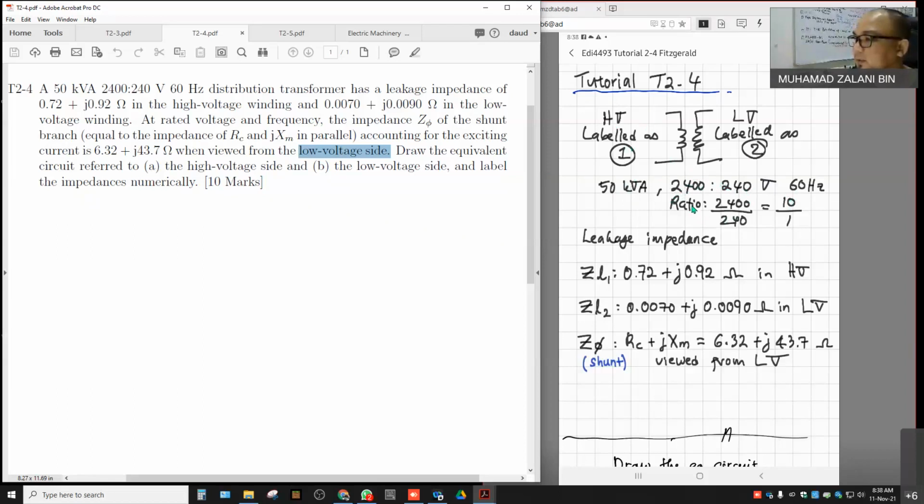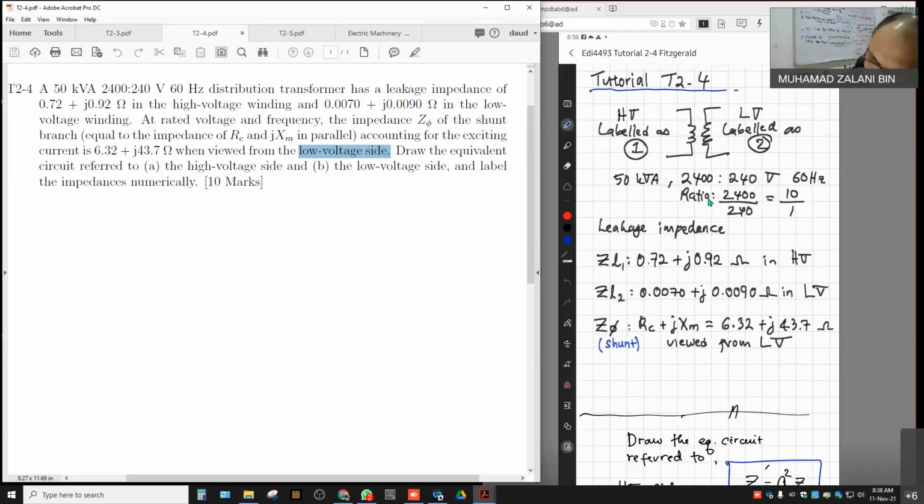The ratio of the voltage at the primary to the voltage at the secondary is 10 times. This is also a step down transformer.